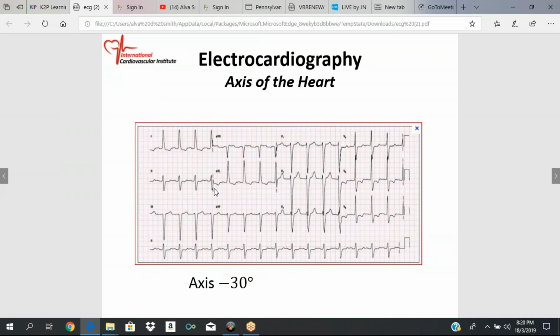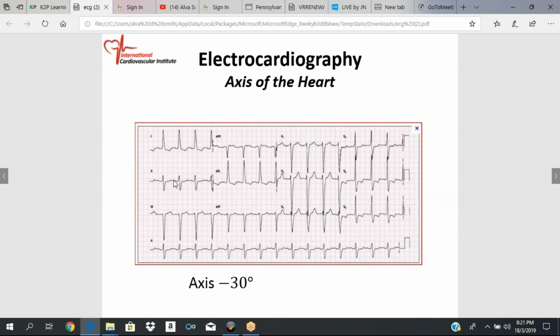So again, look at your limb leads. Then you determine which of your limb leads is the most isoelectric. Isoelectricity means the positive is almost equal to the negative.